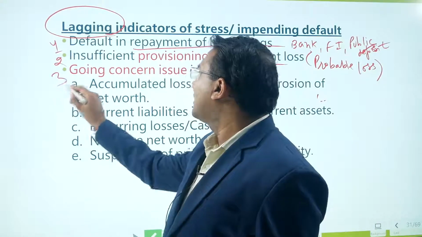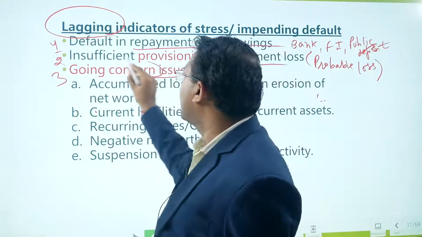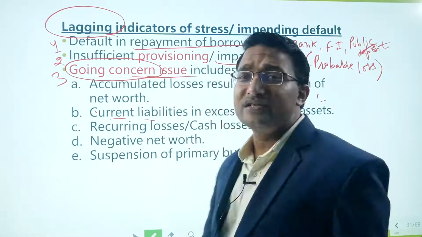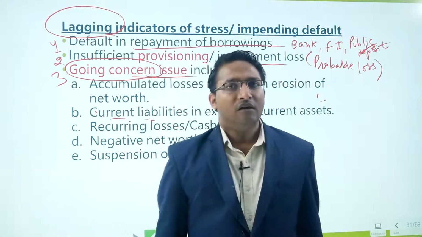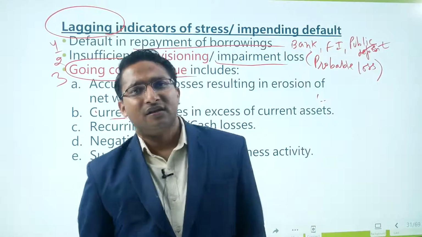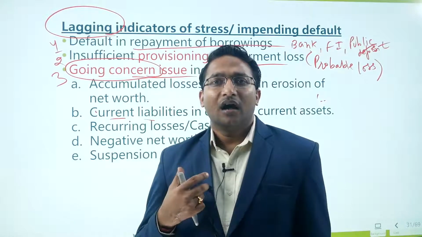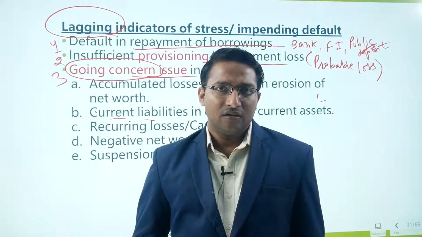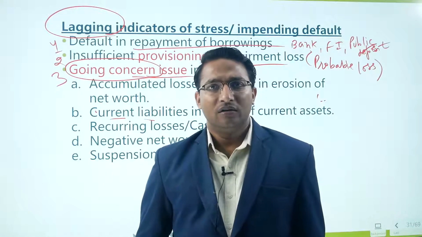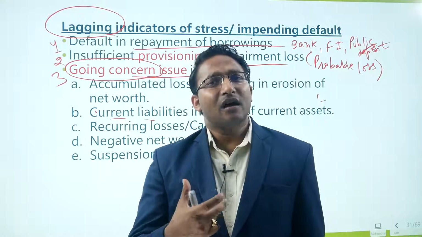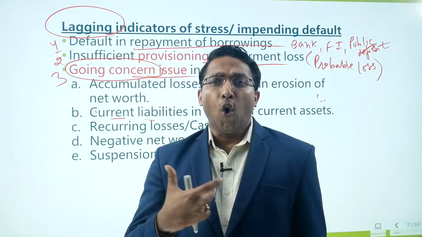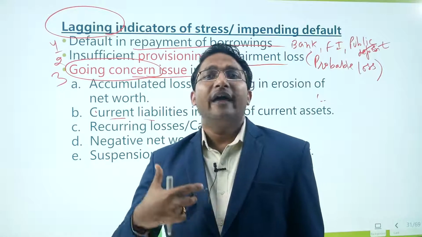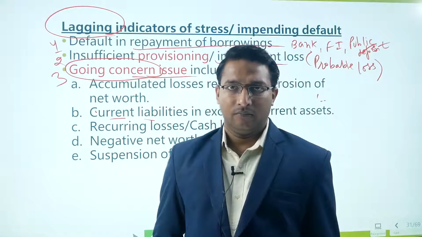Third, the going concern issue. What is this going concern? Going concern basically is an accounting principle. This going concern principle says that unless there is any other evidence, it is assumed that any company will operate for an infinite time.